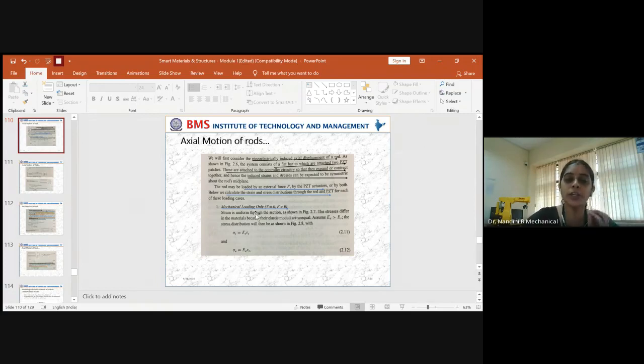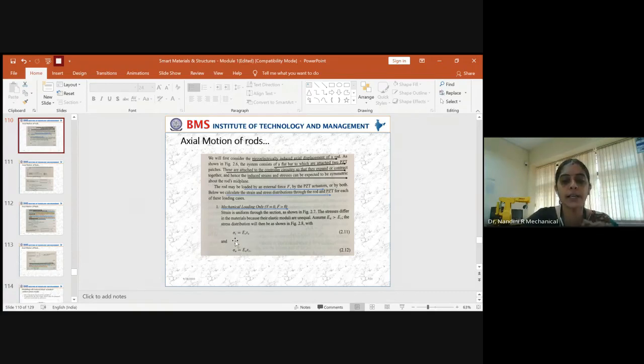Even though the strain generated is uniform, since the elastic moduli are unequal, the elastic modulus of the actuator and the elastic modulus of the substrate will be different, and the elastic modulus of the actuator will be more. So in that case, this is how you derive the stress distribution.